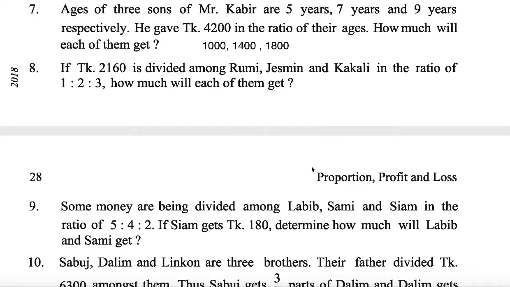If TK 2160 is divided among Rumi, Jasmine and Kakari in the ratio of 1:2:3, how much will each of them get? 2 plus 3 plus 1, 6. 2160 by 6 is 360, that is what Rumi will get. What about Jasmine? 360 into 2, 720.